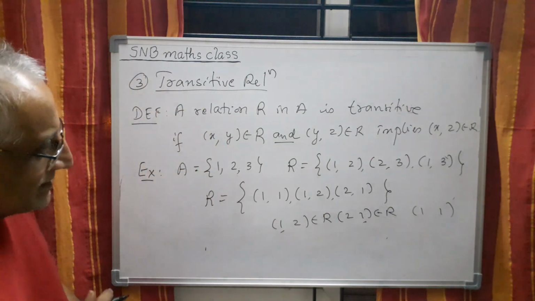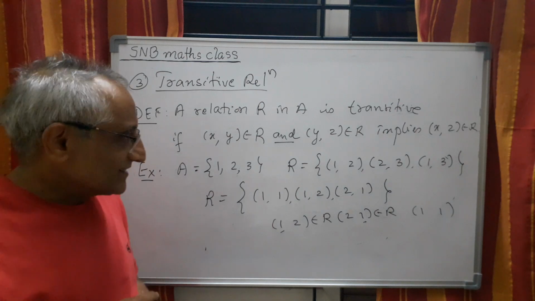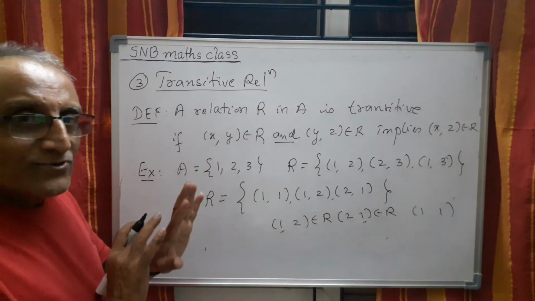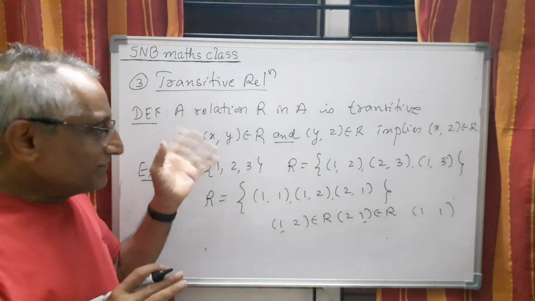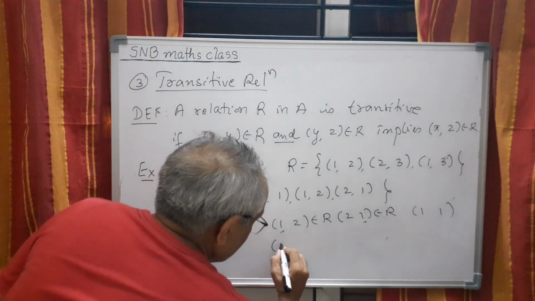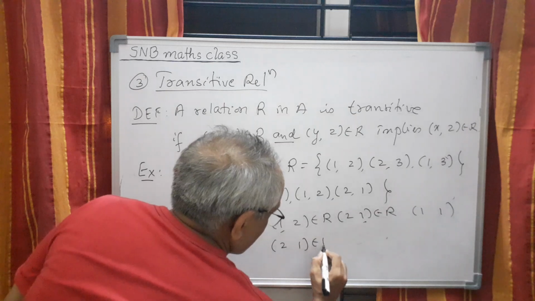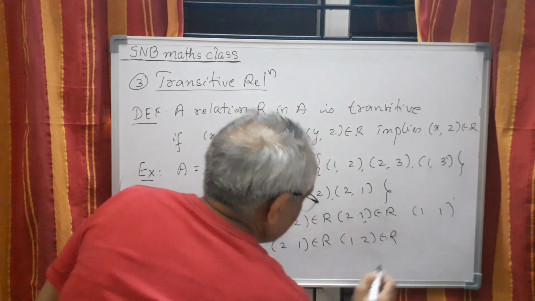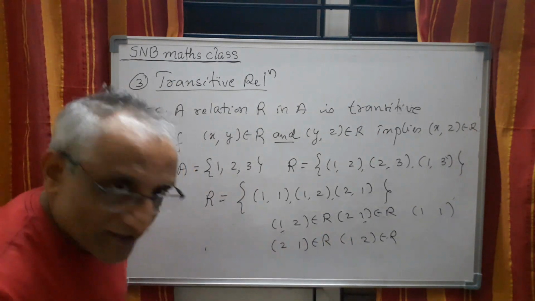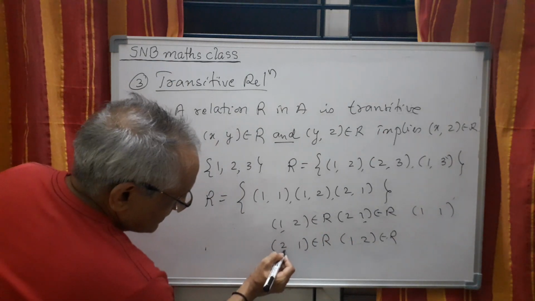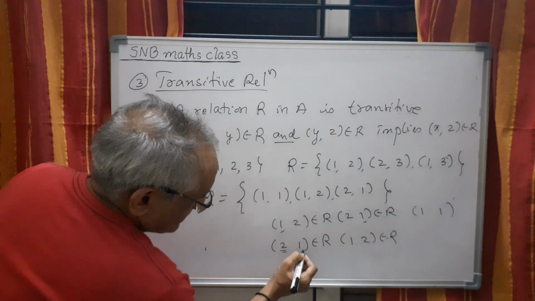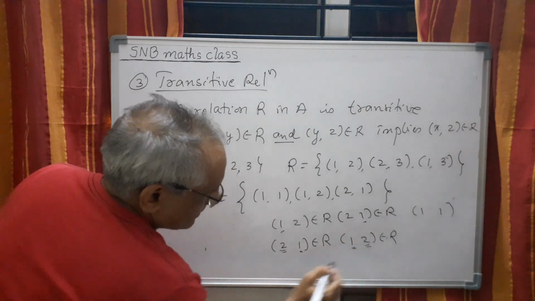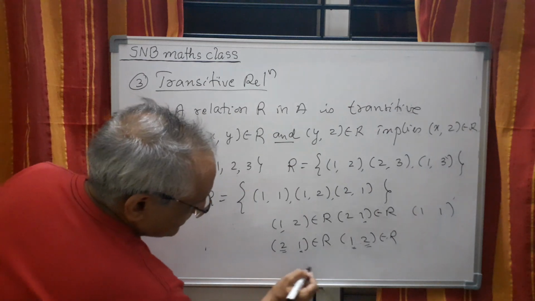Sometimes students make a hurried conclusion that it is transitive. This is wrong, because here there is no condition on (x, y); it can be any pair. So I can also take (2, 1) belongs to R and (1, 2) belongs to R. If I take the pairs in this order, the first element and the last element are both 2. So (2, 2) should be there.